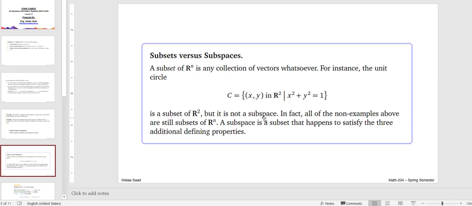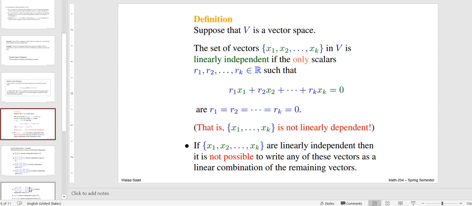Hence, it's not a subspace. Why? Because this equation of the circle doesn't include the origin. The origin is not a point on the circle circumference, right? So if we set x to 0 and y to 0, it will be 0 equals 1, which is a false statement. This is just to give you different views.